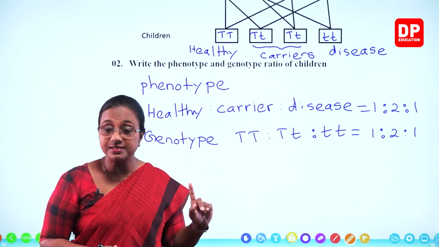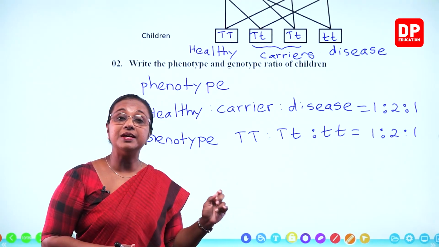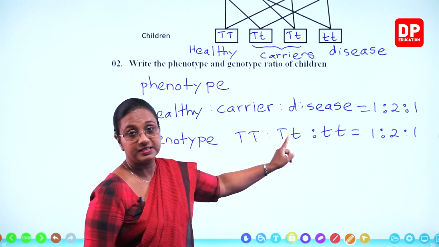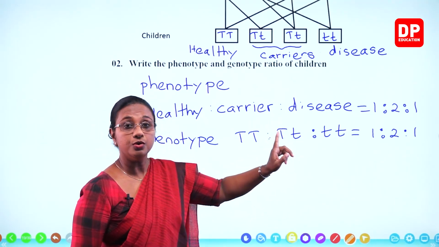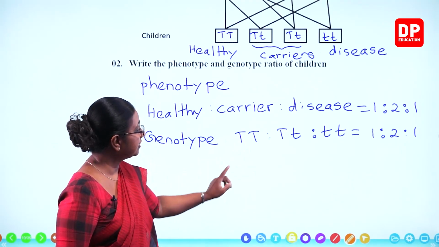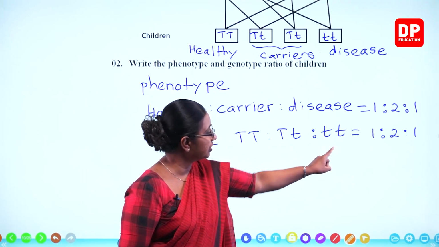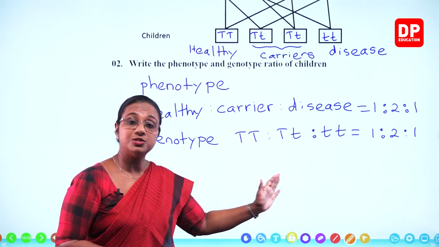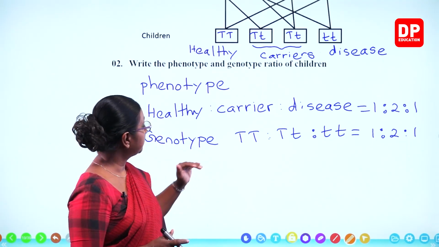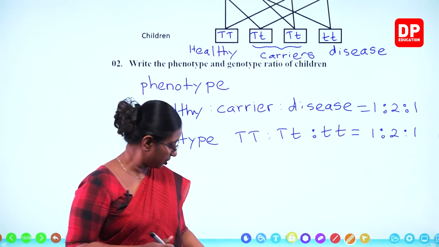When the heterozygous condition is seen, they become the carriers. So here we have healthy, carrier and disease. So 1:2:1. Same goes for the genotype. Capital T, capital T, capital T, simple T is to simple T, 1:2:1. So those are the ratios, phenotype ratio and genotype ratio.